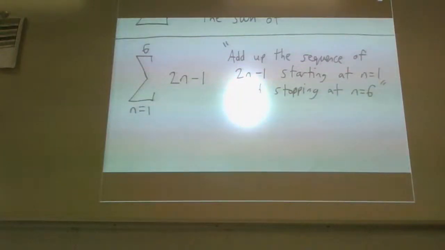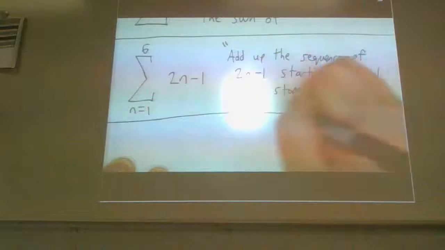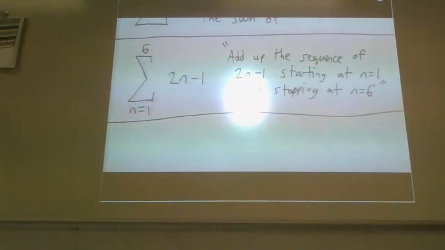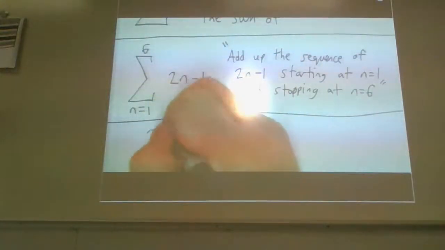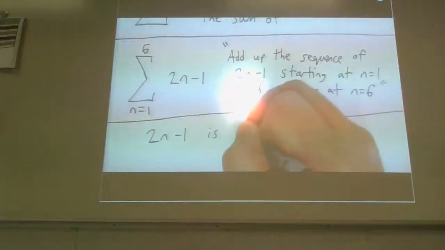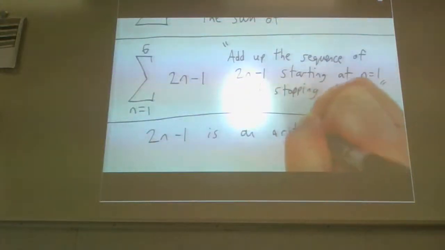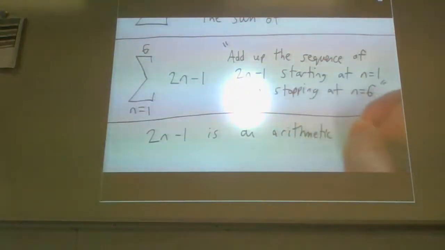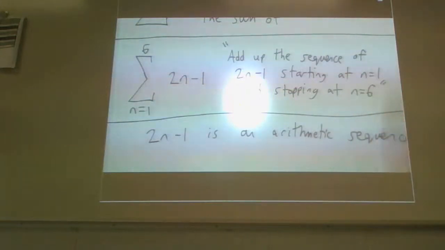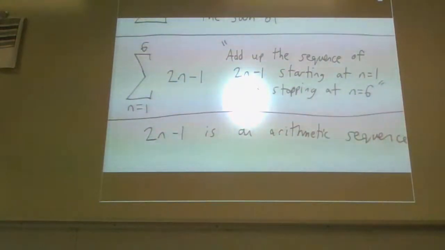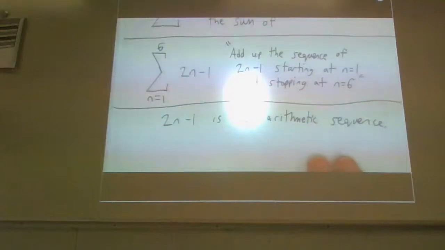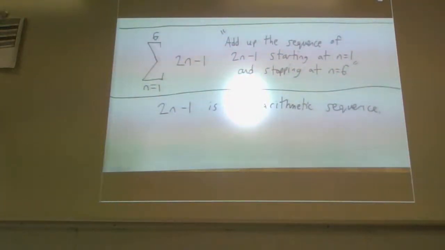That's what that notation is really telling you to do. This is universal notation. 2n minus 1 is an arithmetic sequence. The form of it, 2n minus 1, indicates that because it looks linear.